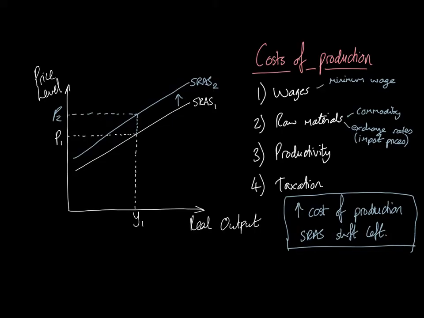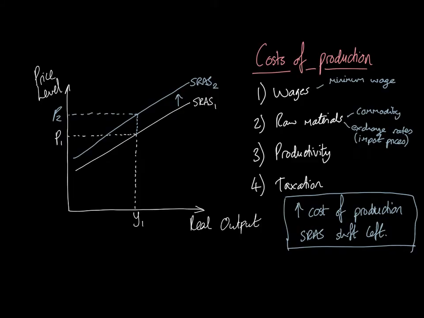And given that the UK imports a lot of our raw materials, particularly a lot of our commodities, that means that the costs of production will rise. So for instance, when the pound devalues, particularly against the dollar, the oil prices in the UK will rise, because it's becoming more expensive for us to buy that foreign oil. And when that happens, again, as we saw before, the costs of production for British businesses will rise, and short-run aggregate supply will shift to the left, as we can see in the diagram there.